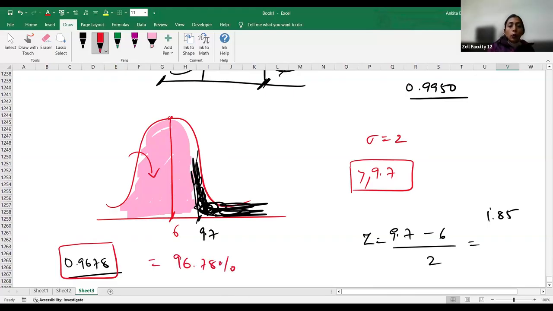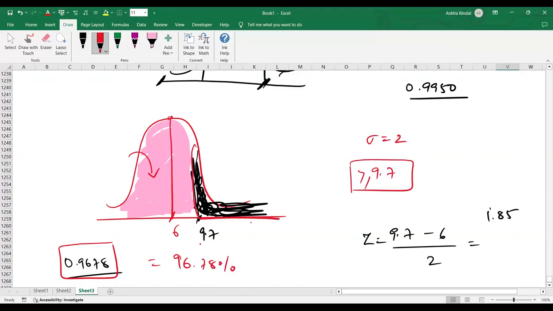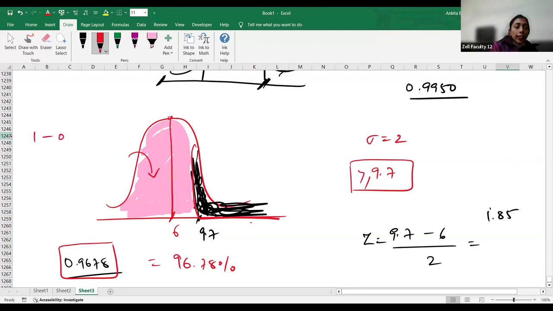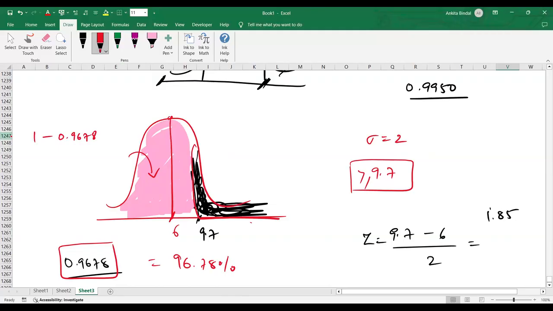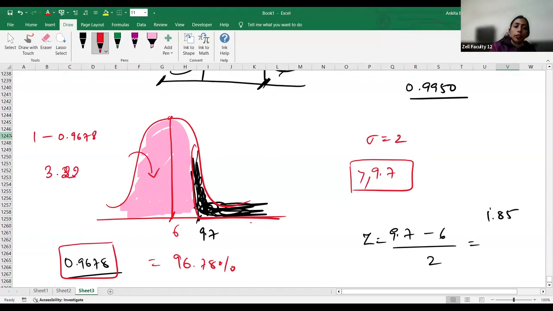96.78%. So what will be the probability that the return would be greater than 9.7? 1 minus 0.9678, which would be how much? 0.0322.